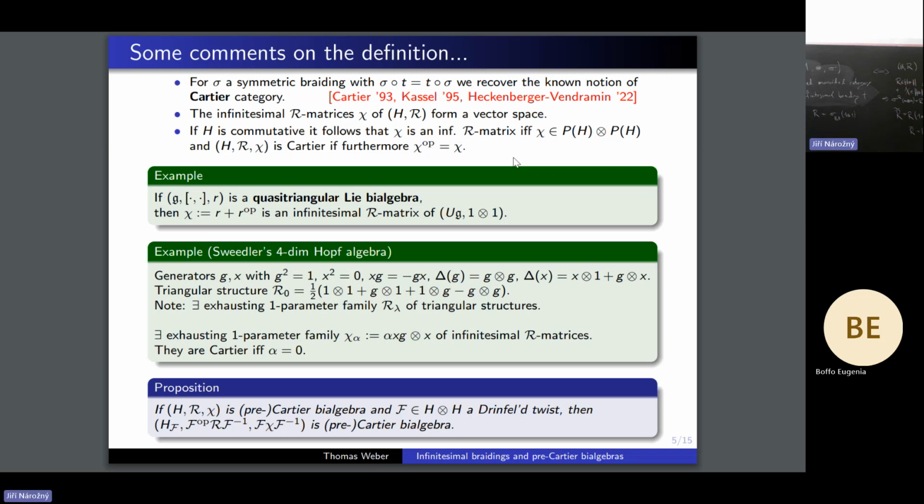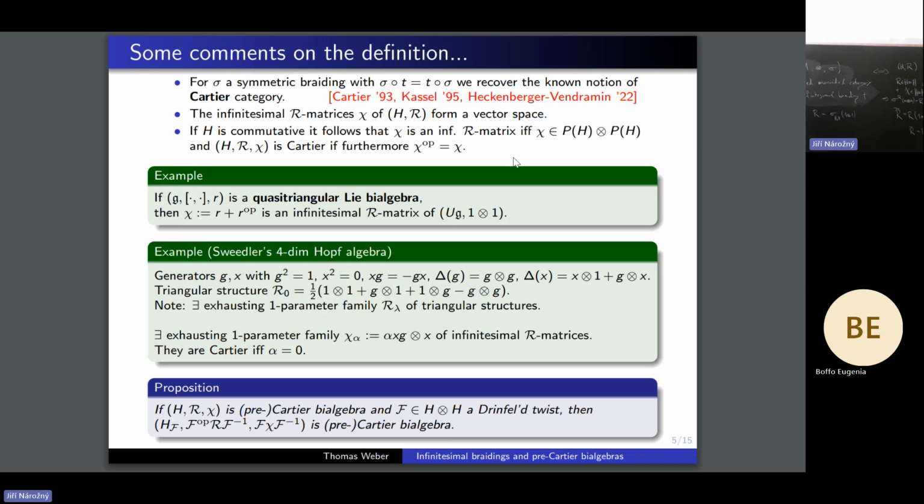In this setting, which is studied very well by many people, you can get a chi by taking the sum of r and r op. And this will give you an infinitesimal R matrix for the Hopf algebra UG with the trivial R matrix 1 tensor 1. So that's one special case that we get.